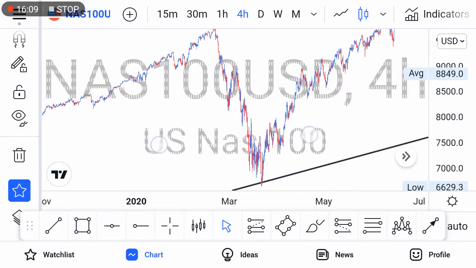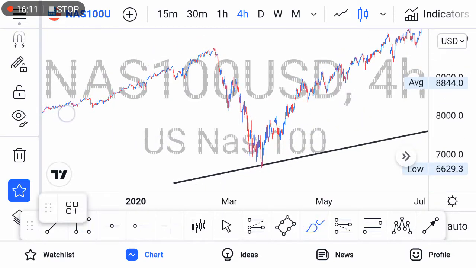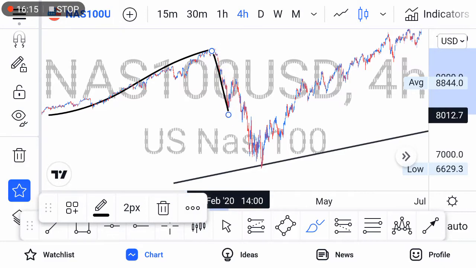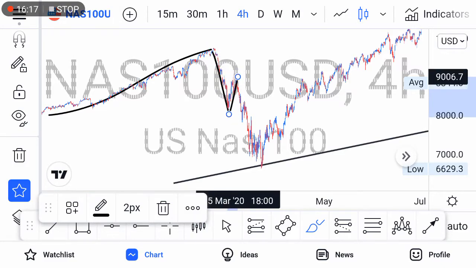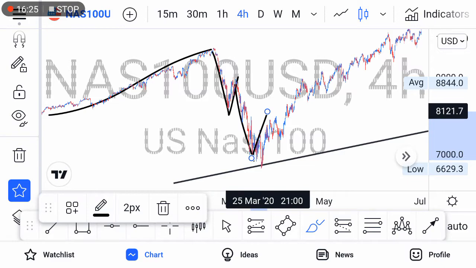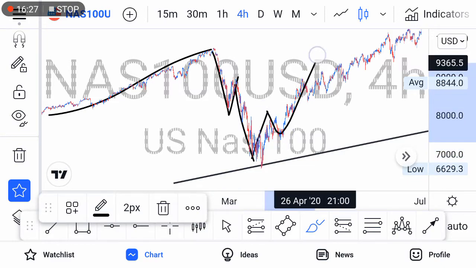As we can see, we had that bullish market and we had a bearish market, and it went to touch our trend line. So for me, we're expecting price to pull back and retest our zone and we go up.